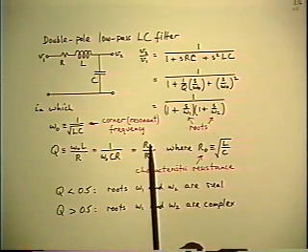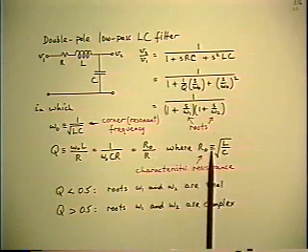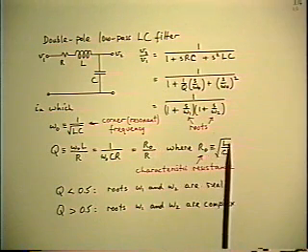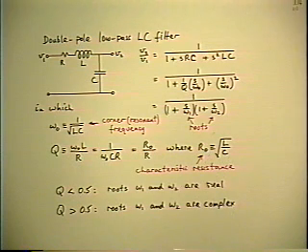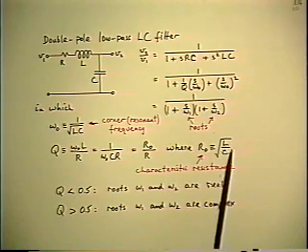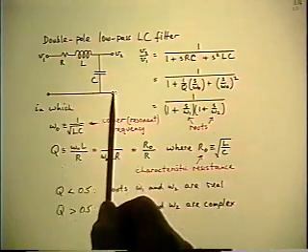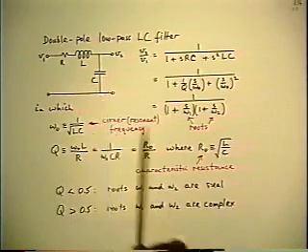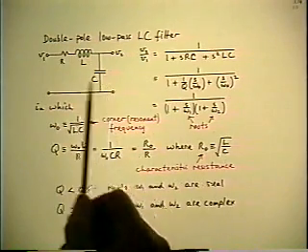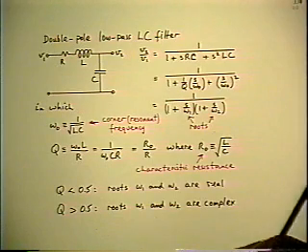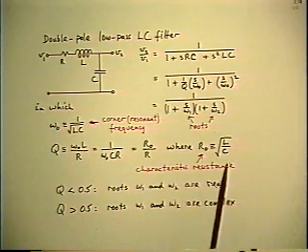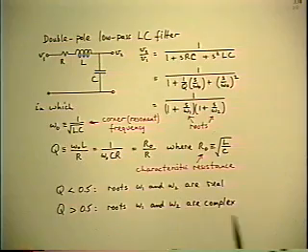And in terms of the original element values, the R0 can also be written as root L over C. And it has a name, which is the characteristic resistance. Of what? It's the characteristic resistance of the L and C. In other words, it's a property of the L and C, and it's nothing to do with the R. And that name is by analogy with transmission lines.